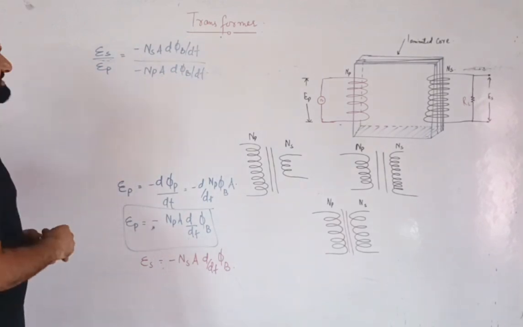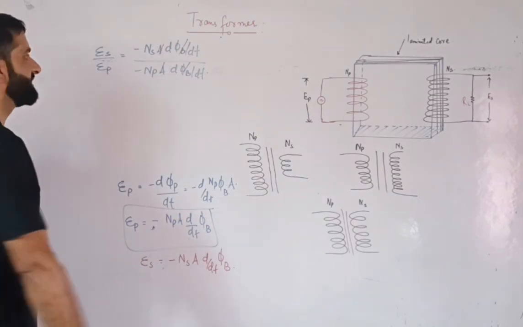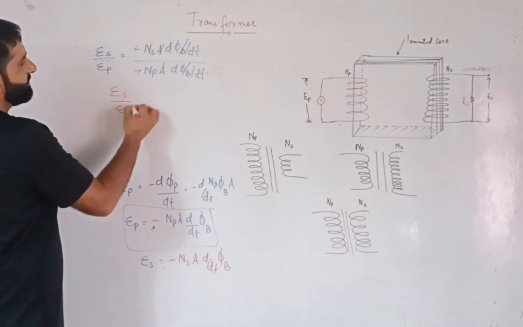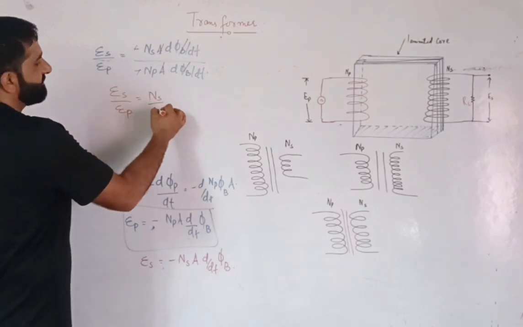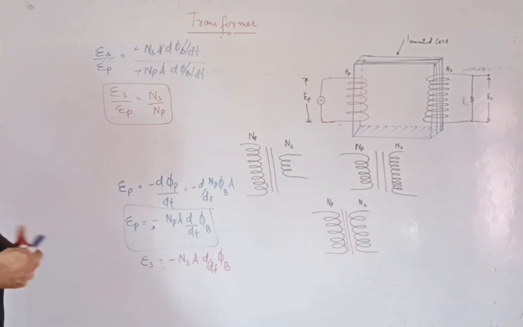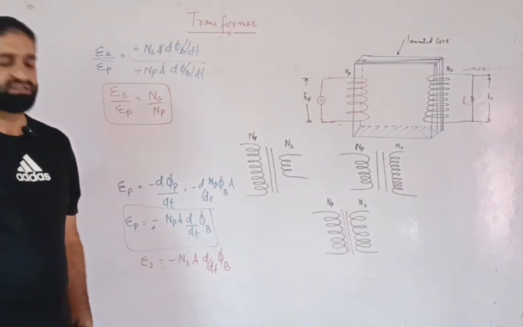As the area is the same, A gets cancelled, d phi B by dt gets cancelled, and the minus gets cancelled. So we have ES divided by EP is equal to NS divided by NP, where ES is the EMF in the secondary and EP is the EMF in the primary, NS being the number of turns in the secondary and NP being the number of turns in the primary.